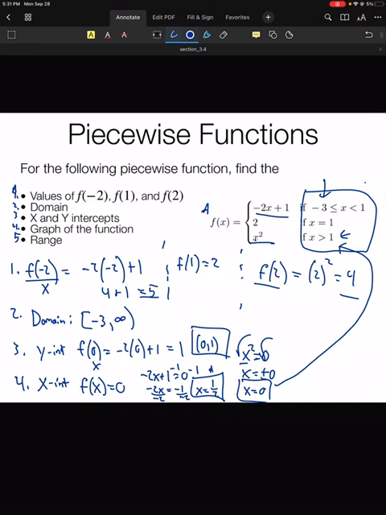So the long story short is that x equals 0 is not an x-intercept of this function. The only x-intercept is x equals 1/2, which is the point (1/2, 0). So I have one y-intercept, (0, 1), and one x-intercept, (1/2, 0).